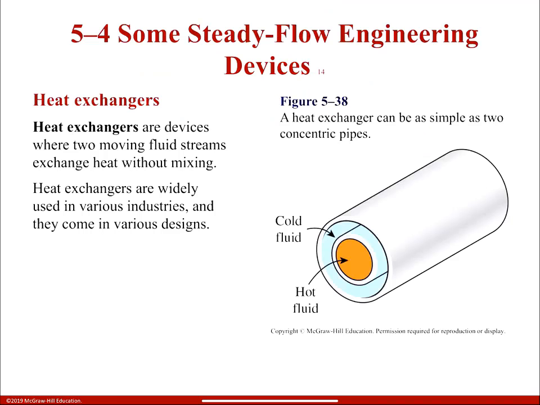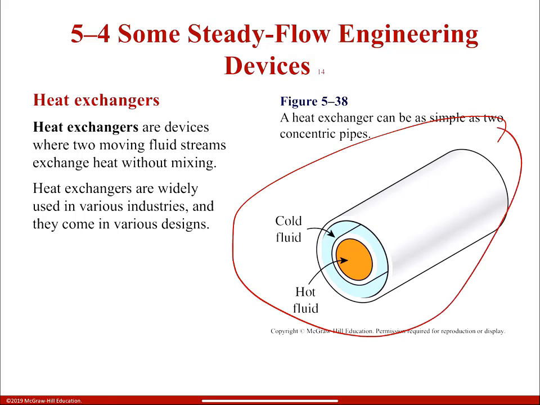All right, moving on to the next and final device, heat exchangers. Okay, let me find my notes. Perfect. So heat exchangers are devices where 2 moving fluid streams exchange heat without mixing. Heat exchangers are widely used in various industries and they come in various designs. This picture right here is one of the designs.